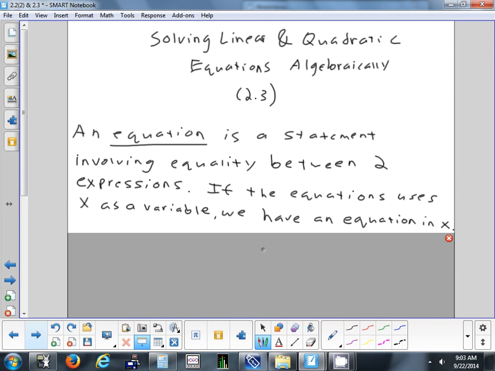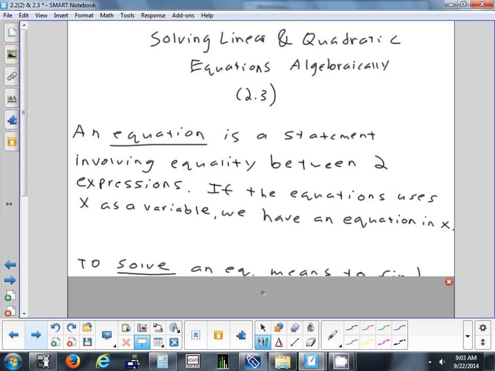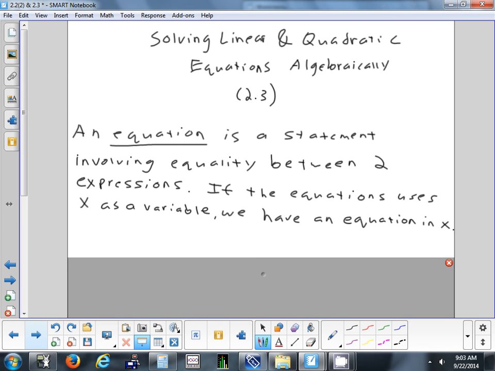If our equation in particular uses a variable that we call x, you could say you have an equation in x. All that means is you have an equation where x is the variable that you're using. Okay, and there's a few different kinds of equations. Okay, we'll go through some of these as we go.